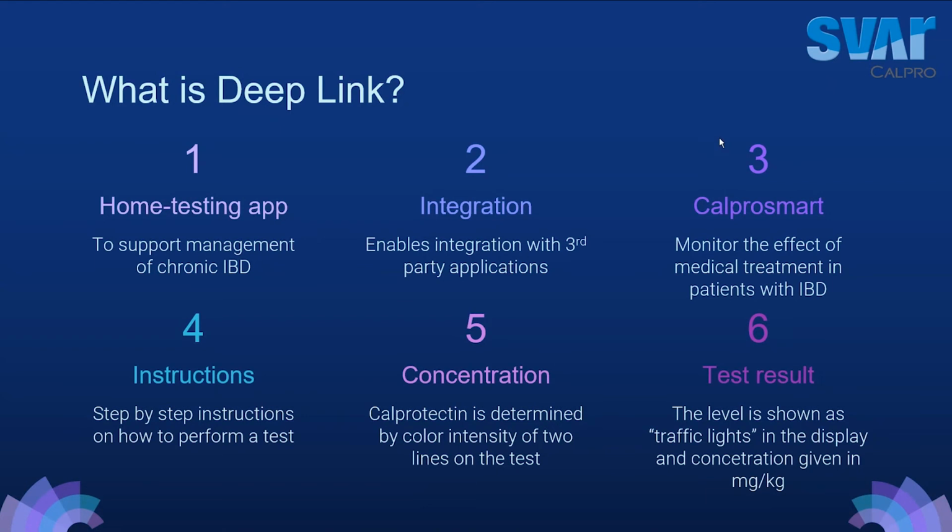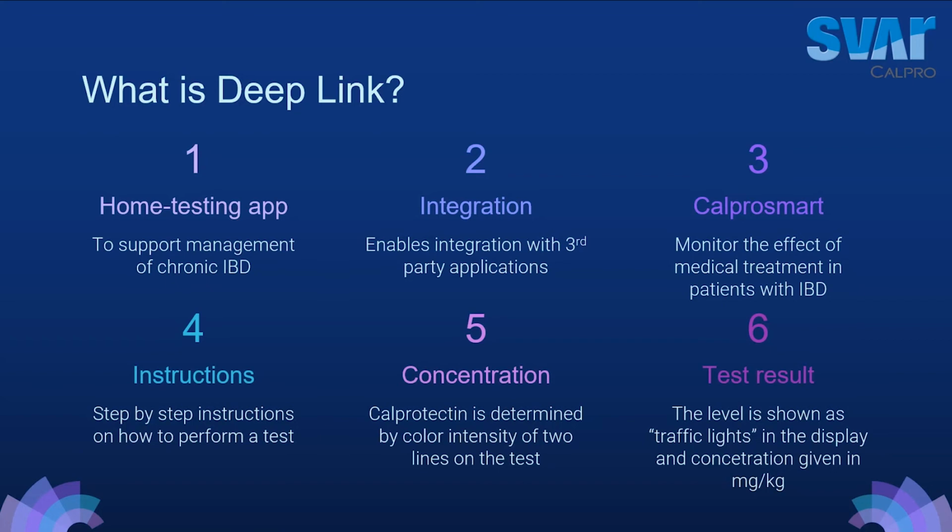Yes. So before we start showing the demo, I want to give you a short introduction on what the deep linking is. So first of all, the CalproSmart DeepLink is a home testing app to support management of chronic IBD that enables integration with third-party applications, providing information to IBD patients.